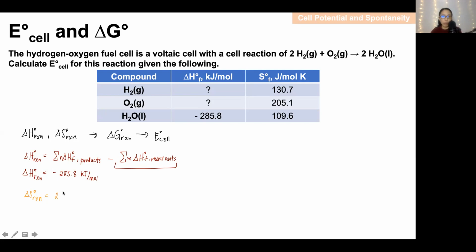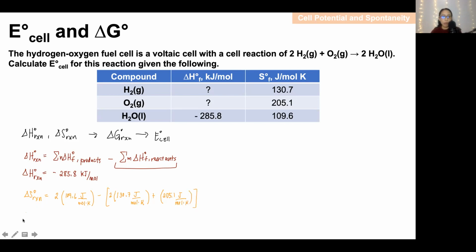So that's 2 times 109.6 joule per mole per Kelvin minus, for hydrogen gas, 2 times 130.7 joule per mole per Kelvin plus, for oxygen, it has a coefficient of 1, so we simply add 205.1 joule per mole per Kelvin.